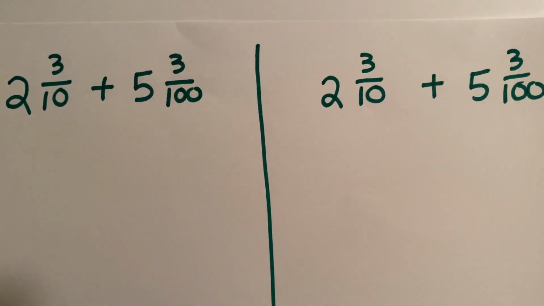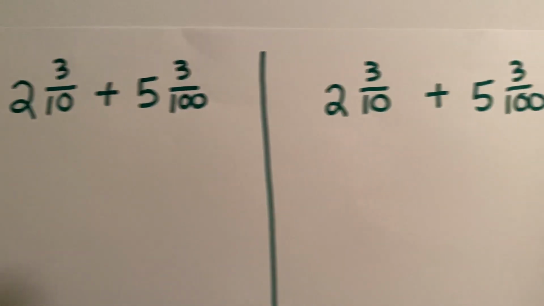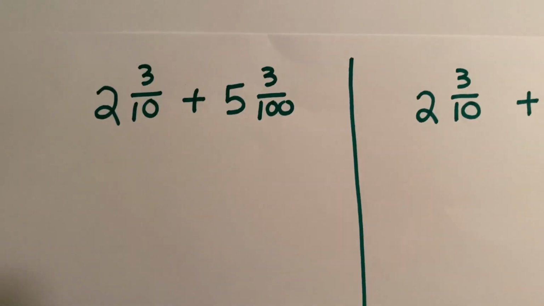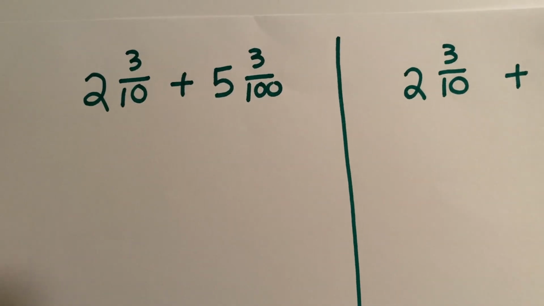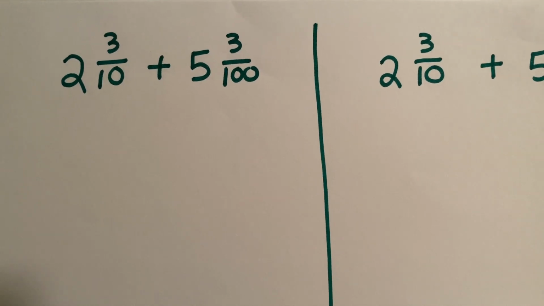I split the page into 2 columns because I want to show you how to do the same exact problem 2 different ways. We have 2 3/10 plus 5 3/100.